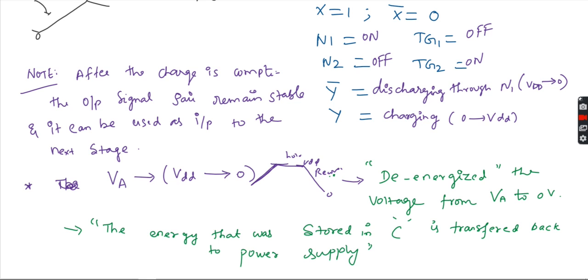So this is one of the very important things. Now from this I can say the state of the two transistors of the transmission gate, like the VA will ramp up and down between 0 and VDD.